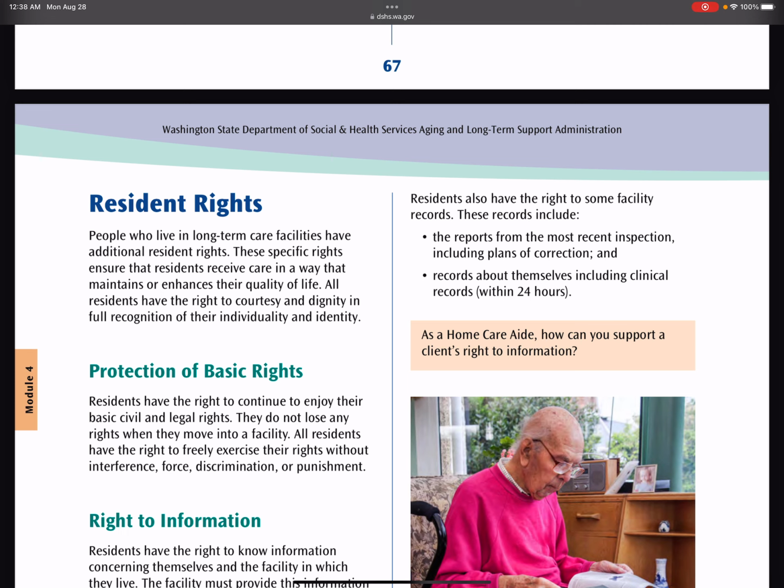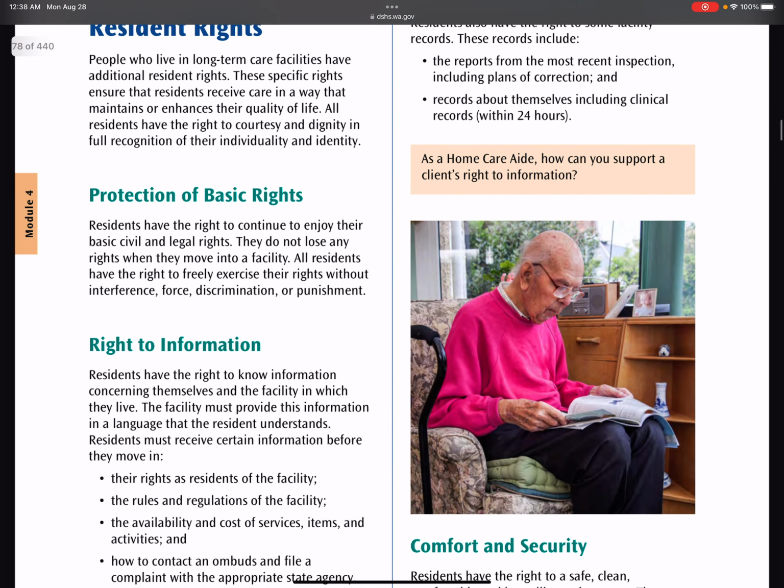All residents have the right to get their information. They have a right to comfort and security, a safe, clean, comfortable, and home-like environment.